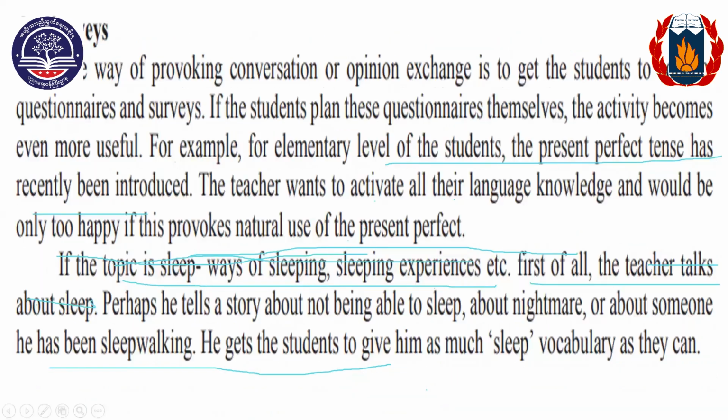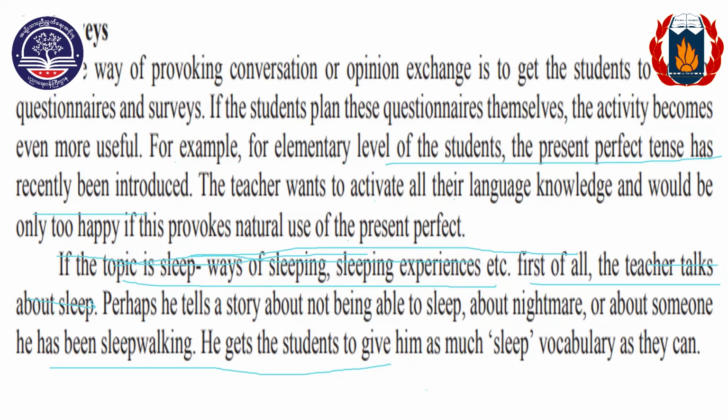The next activity is surveys, right? In order to make the survey, the teacher needs to encourage the students to make questionnaires and surveys. When the students plan this questionnaire themselves, the activity becomes more useful, right? For example, at the elementary level, the present perfect tense or a tense that has been recently introduced can be used.